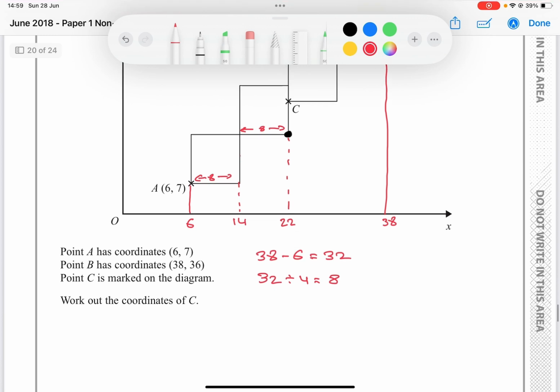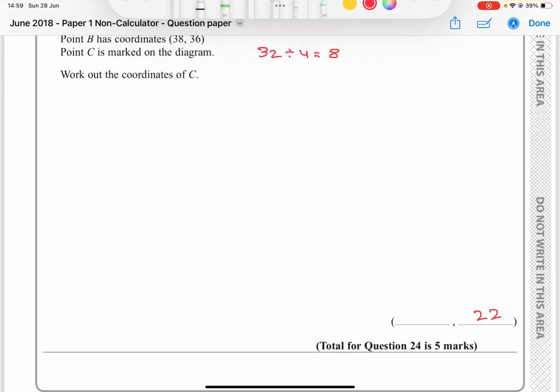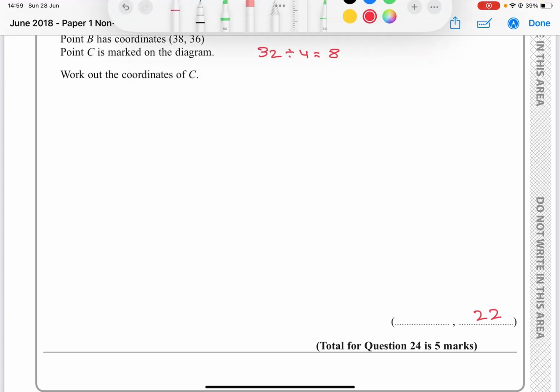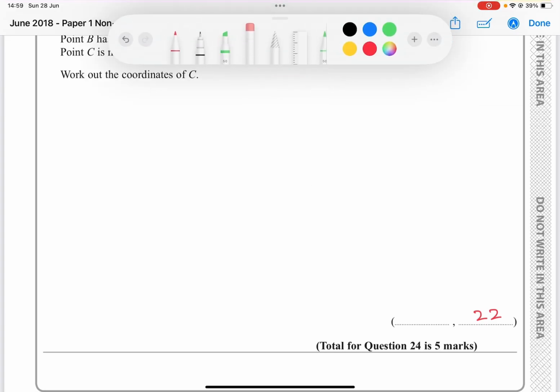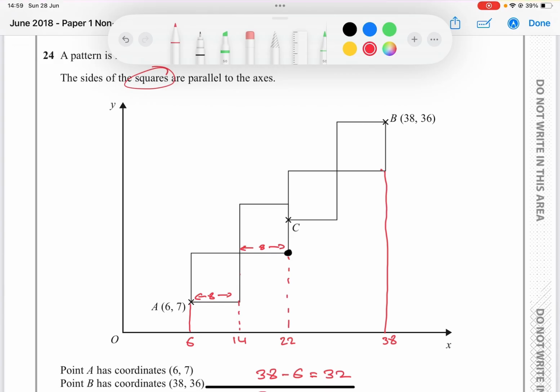So we know our x coordinate is 22, so let's put that here. Sorry, that's the x coordinate there, 22. And now we can work out our y coordinate. The one over here is 36.